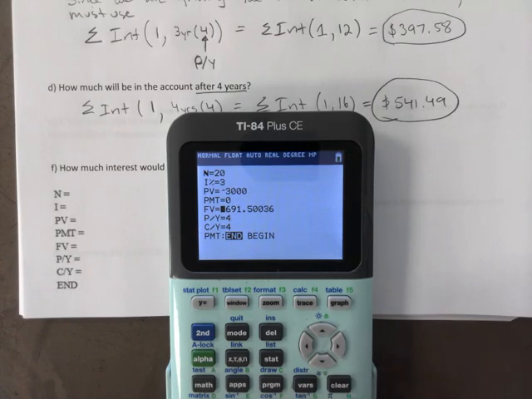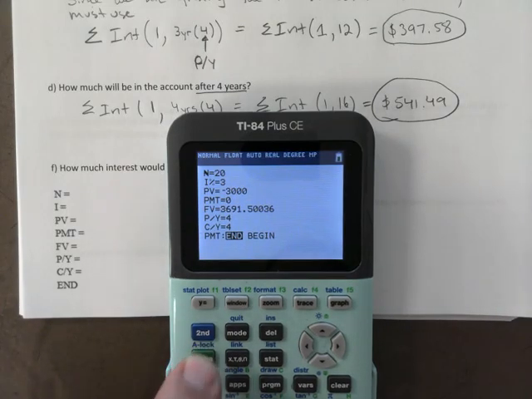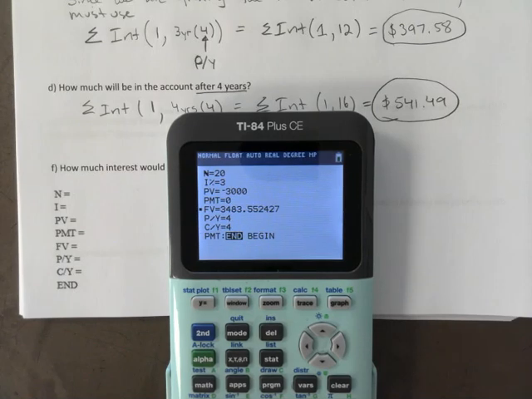And you have to solve this whole thing again. You can't just leave everything else blank because it's a totally different scenario. So you've got to go to your future value again and go alpha, enter, right? You're solving it again. Obviously, you're going to have less money, right? I think everybody understands that.